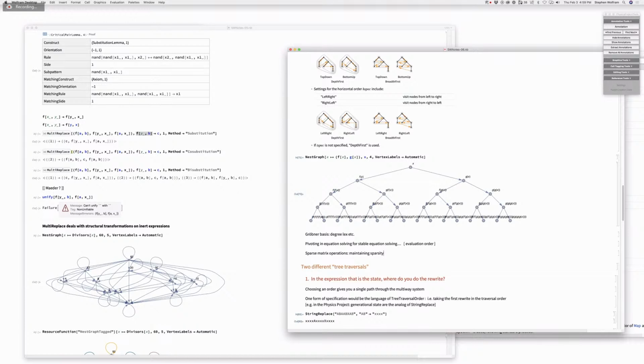Yes. But those are not computable, though you could talk about them. Right. And we have a variety of ways we can talk about these foliations and multiway paths and so on. They're just not very convenient.